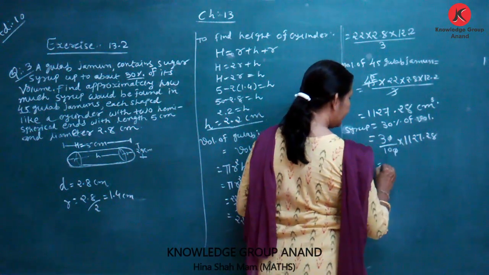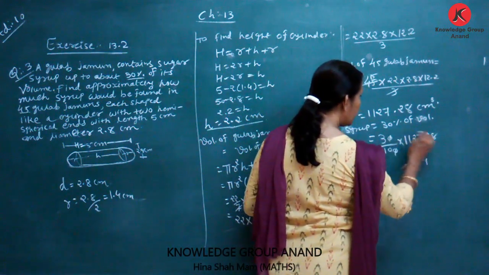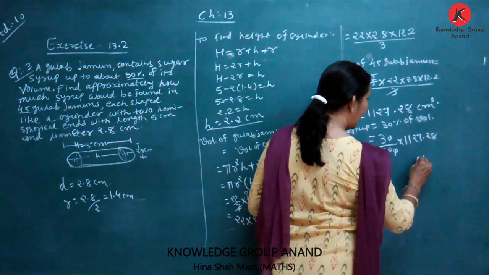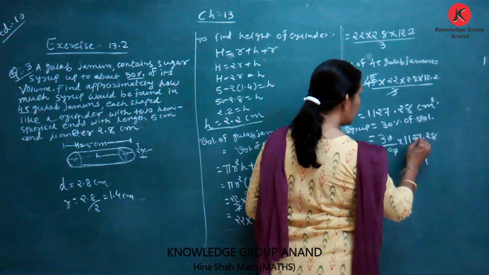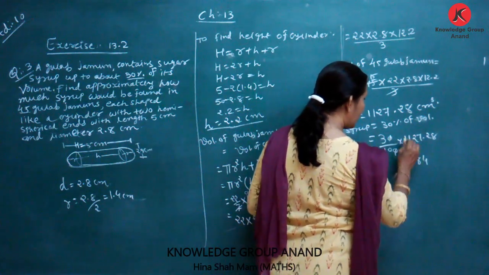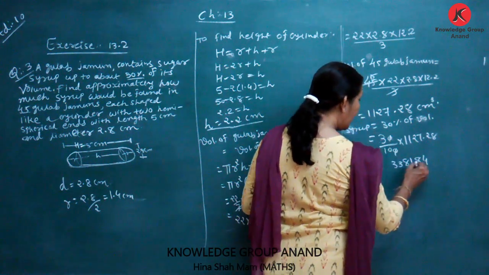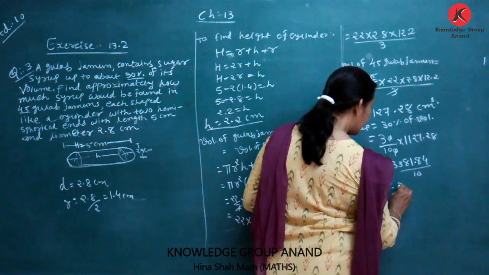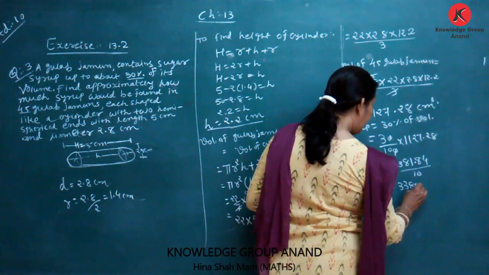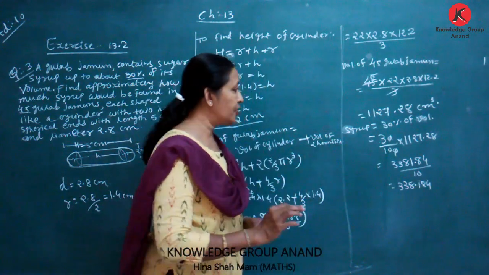Cut the zero; 3 eights are 24, 3 fours are 12, and so on, upon 10, equals 338.184 centimeter cube.